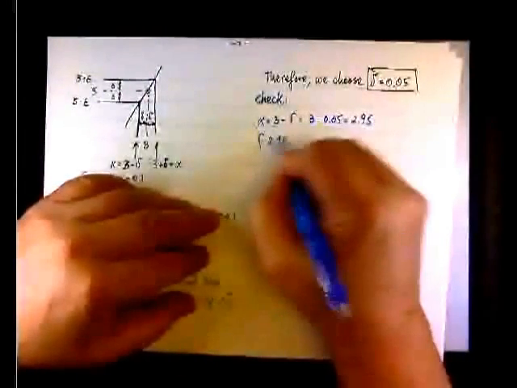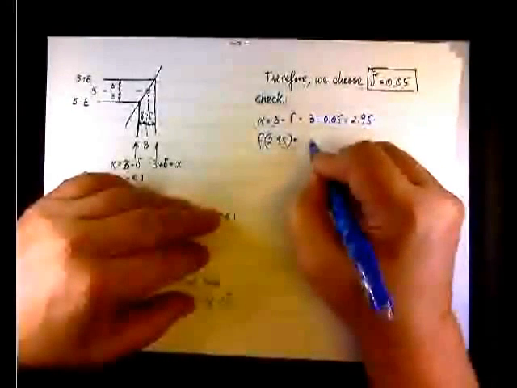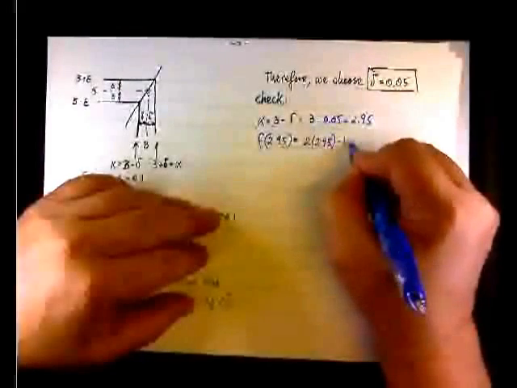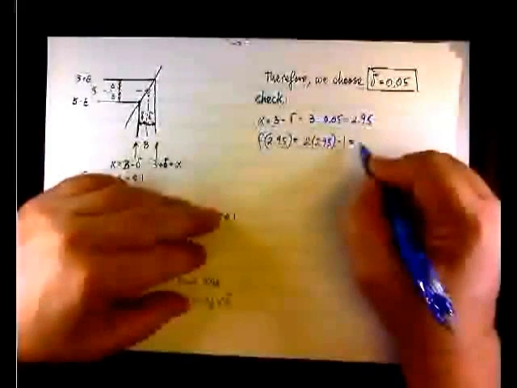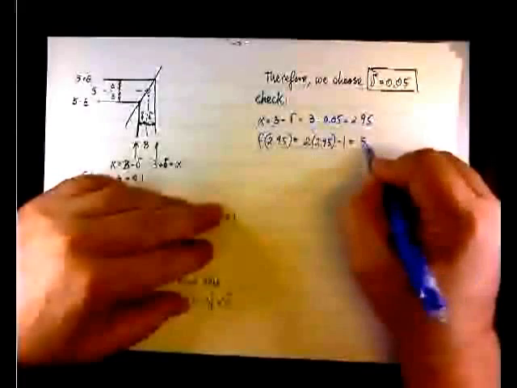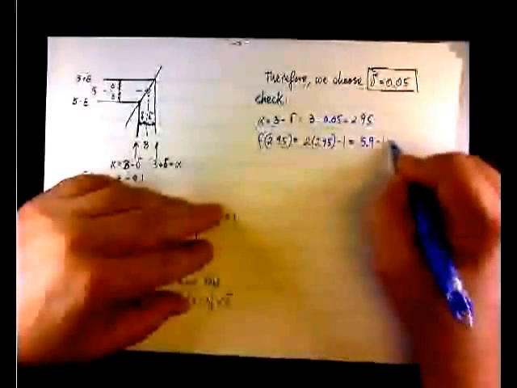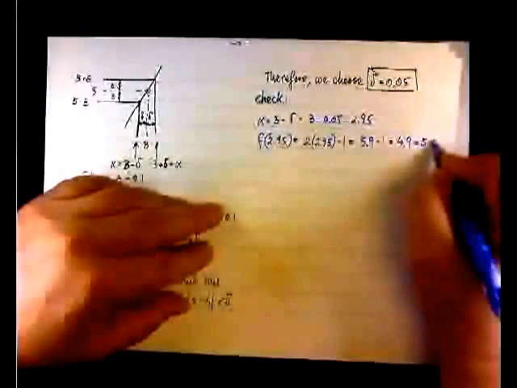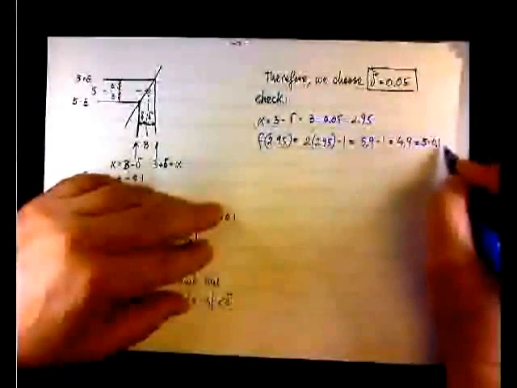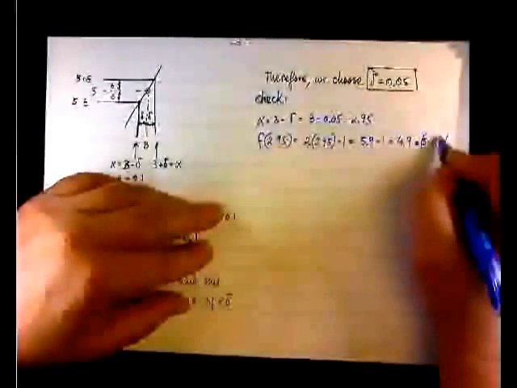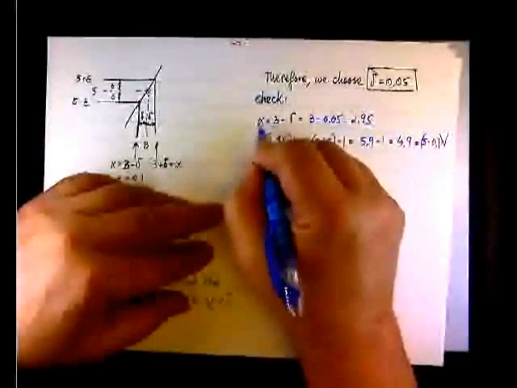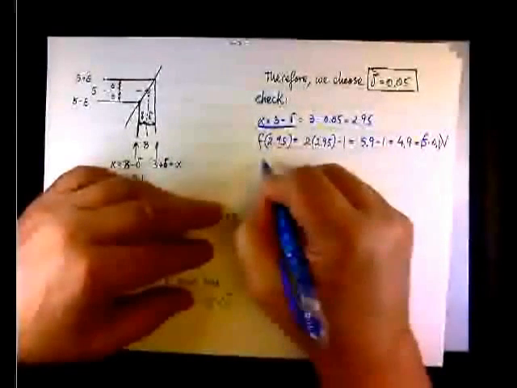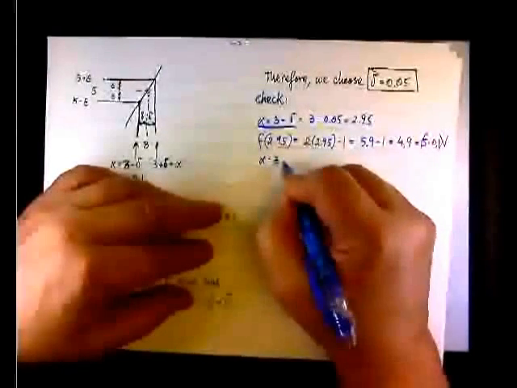So f of 2.95 equals 2 times 2.95 minus 1, if you recall. And this becomes 5.9 minus 1. So you can see that it's 4.9. So it checked out. Okay? So it's 5 minus 0.1. So it checked out. And this is for x equal 3 minus delta. Likewise, we can check for x equal 3 plus delta.